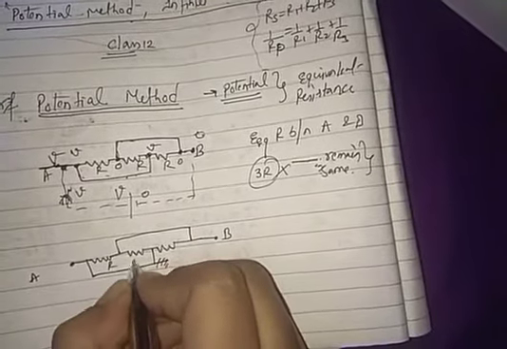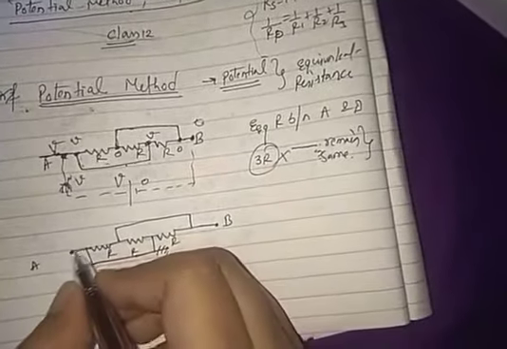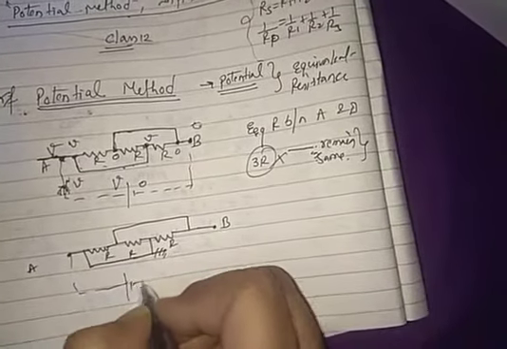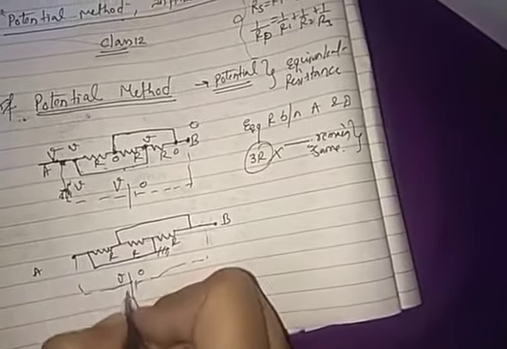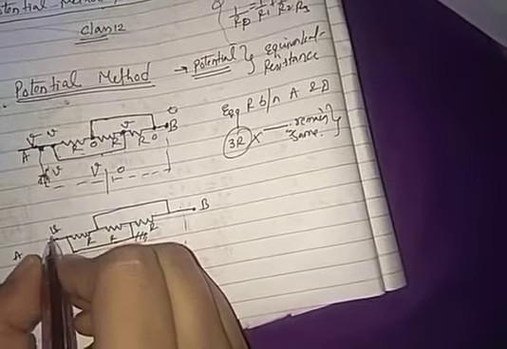The value is R. You have to find the equivalent resistance between points A and B. What I have done is draw an imagined battery. Here the potential is V, there the potential is 0. So V potential has gone there, and here it will remain V.